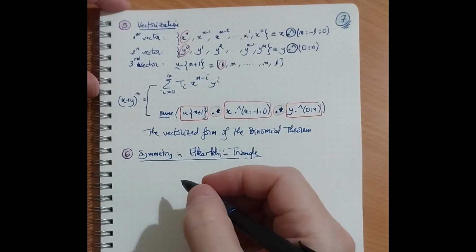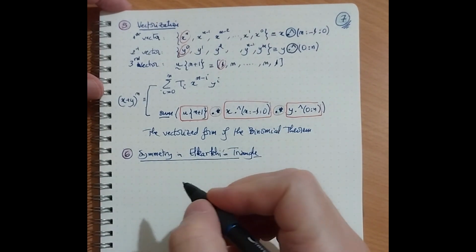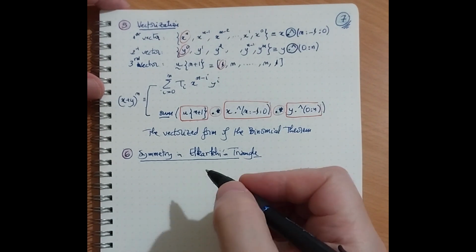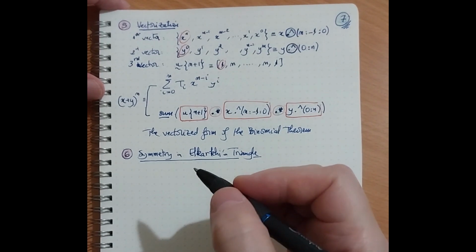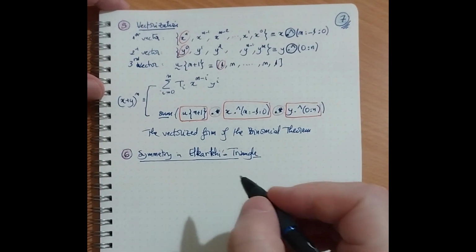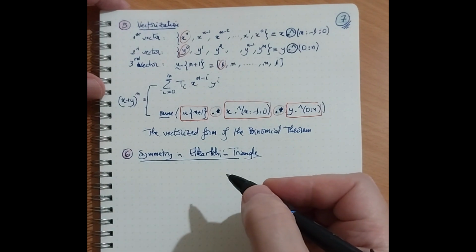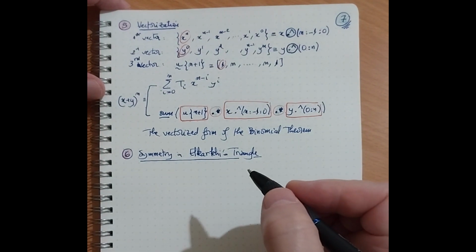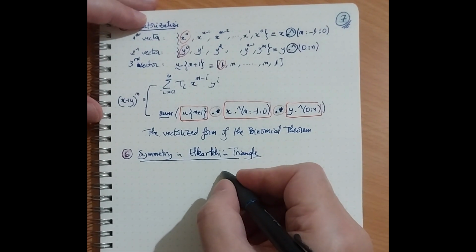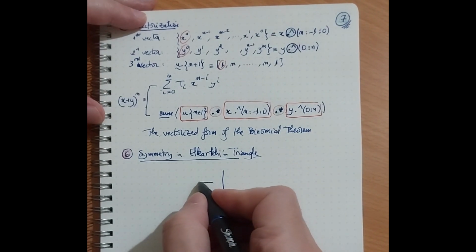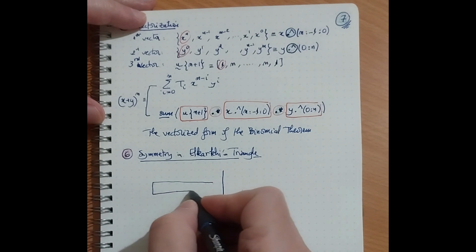So, as I explained before, there is a symmetry in Elkarkhi's triangle. Therefore, we do not have to calculate the integers in the second half of each row, but we rather copy them from the calculated ones in the first half. Because there are two cases, let us consider, for example, row number 6.